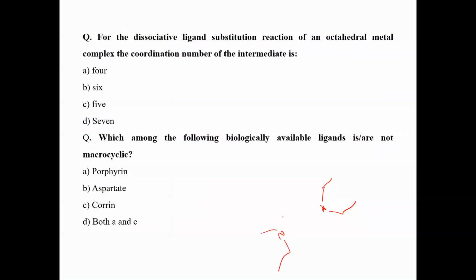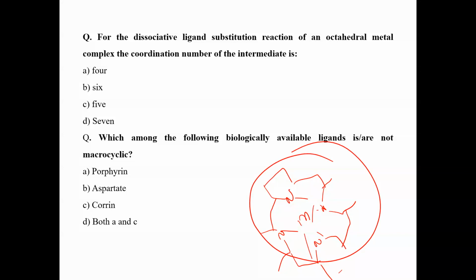One pyrrole ring is here, one is here, one is here, and one CH2 unit in between, and conjugation of double bonds, and here the metal can form coordinate bonds. So this structure is called macrocycle. In corrin, you will be getting one carbon less. That is basically found in vitamin B12, but aspartate is an amino acid unit, so it is not a macrocyclic compound.